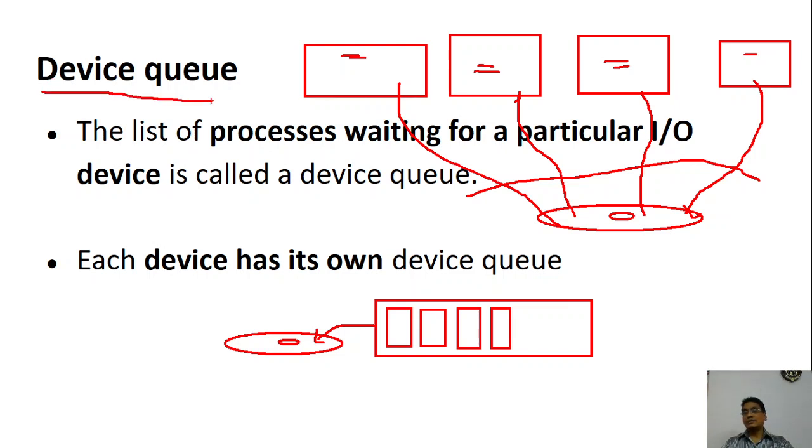That is called the device queue. Remember, every device has its own queue. Your disk has a queue, your keyboard may have one, and your monitor may also have one. I'm just generalizing.